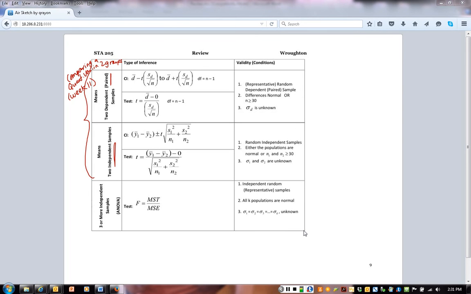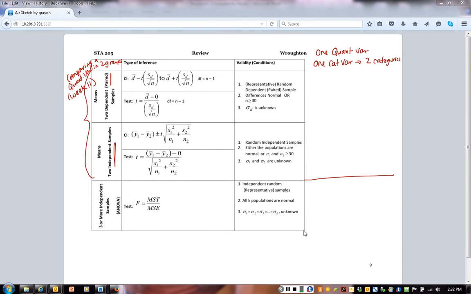So how do we know when we're in this area? We are going to have one quantitative variable. We will also have one categorical variable that has only 2 categories. So that's where that idea of comparing in 2 groups starts.